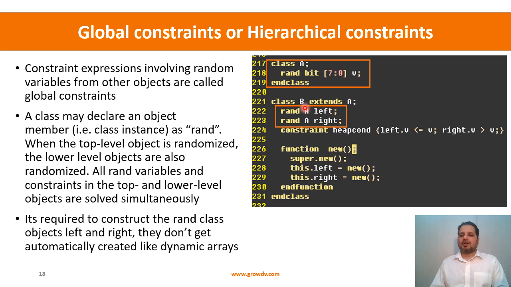And thus, in the top level program, when we say class B and we create a handle of the class B type, and we say new, when we construct the top level object, automatically the rand objects used within this B also get allocated, and thereon only you need to call randomize. If you don't do that, then you will experience a null handle reference, because these would just be handles, they won't contain any object. And then when you use left.v, it will be a null object reference, and hence your constraint will fail. So you need to allocate the objects and then call randomize when you are doing the global constraints.